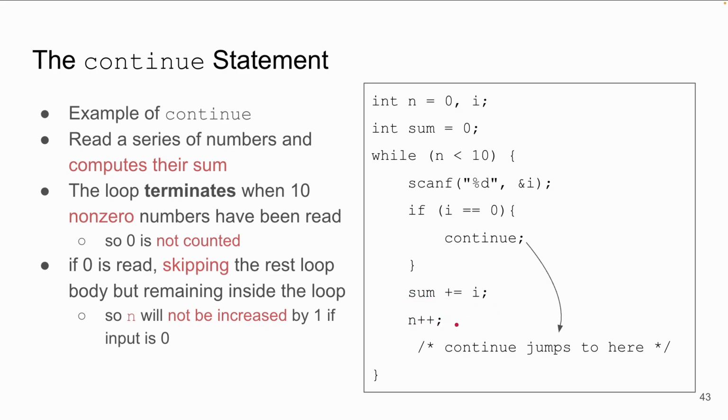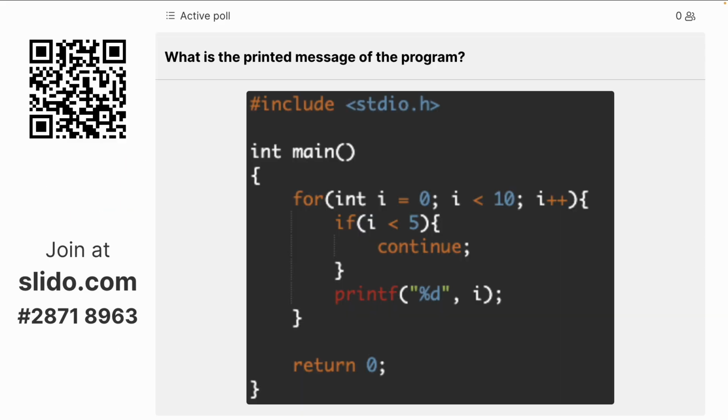So the n will not be incremented by 1, and i will not be added to sum. We just jump here, but it still remains inside the loop. So after the continue, the next thing your program will do is go back to the while and then do the same thing again.